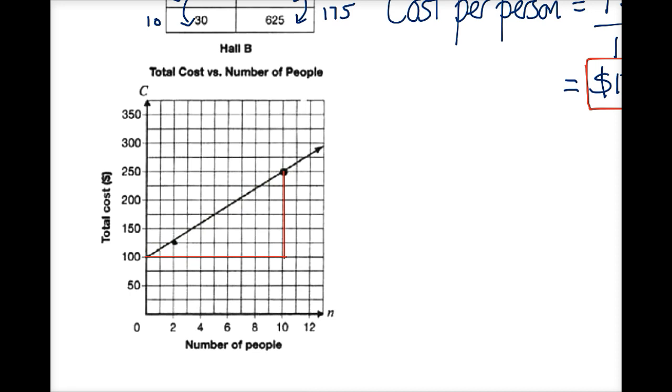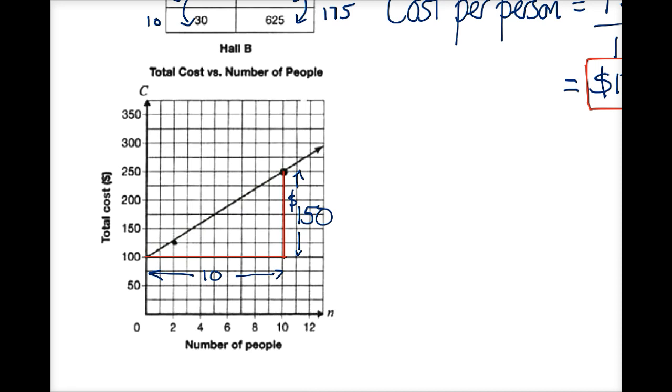So if I was to write that in, here I could say I've got $150. That's how much it increases from there to there. And for that $150, I get 10 people.